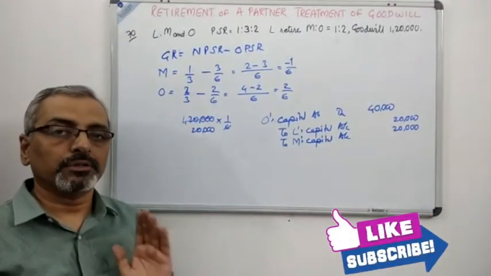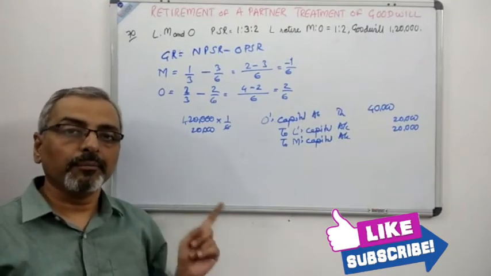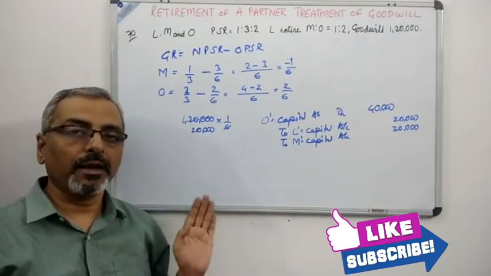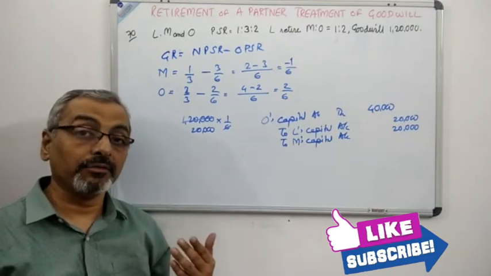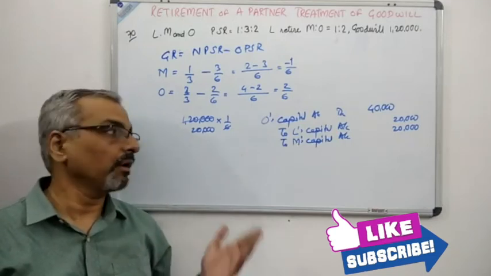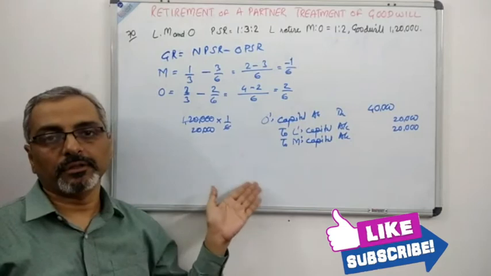Always remember, the gaining partner's account will be debited, and the retiring partner, and if there is some other sacrificing partner, will be credited, which has been done in this case.